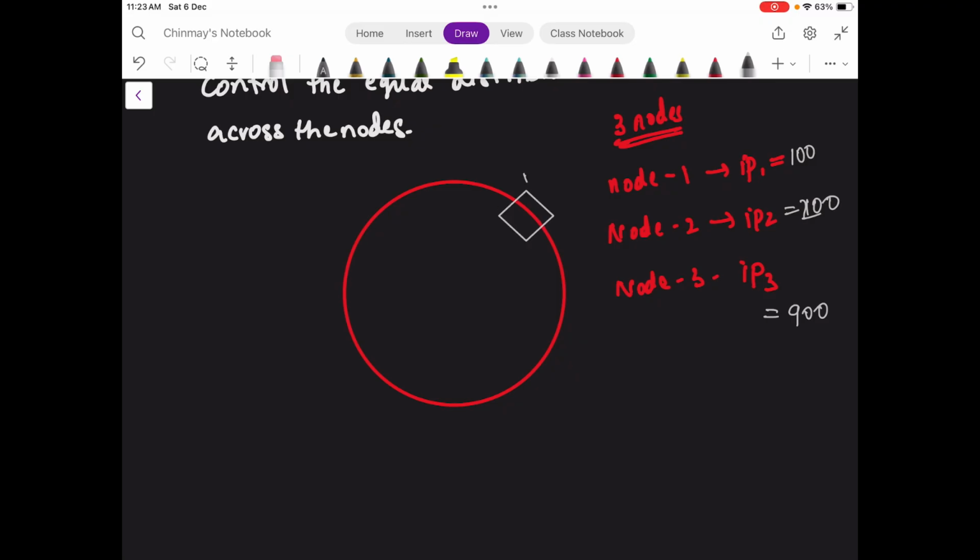Here it is 100. Again this becomes 200. Again it becomes 900 here.